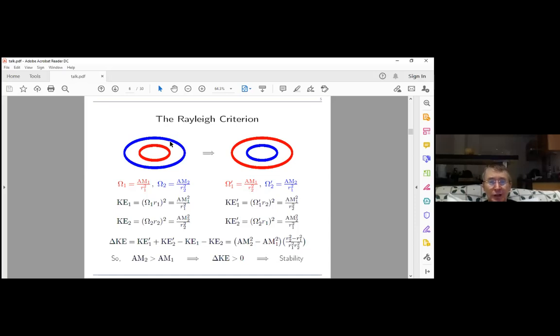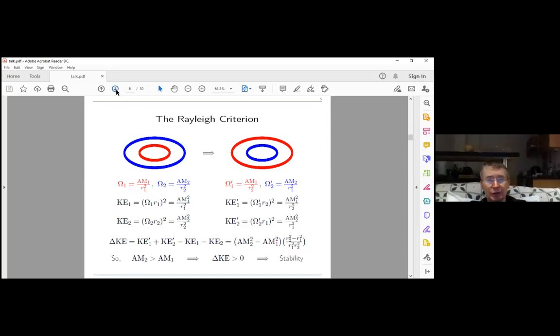Then you see different fluid rings are coupled to each other via the magnetic fields and the tension in the field lines, and therefore you can transfer angular momentum from one fluid ring to another. So this original assumption that angular momentum is conserved individually on individual fluid rings, as soon as you add magnetic fields, that simply does not apply anymore. And that is why the Rayleigh criterion is not relevant as soon as you add magnetic fields.